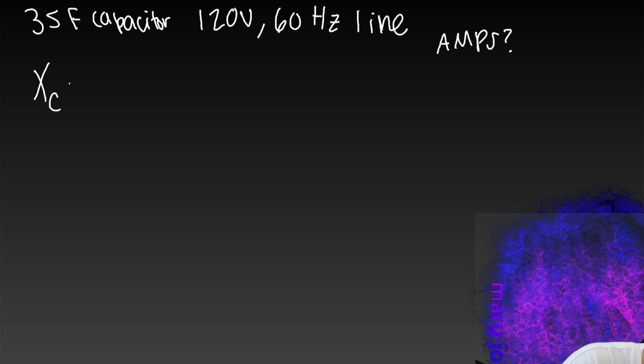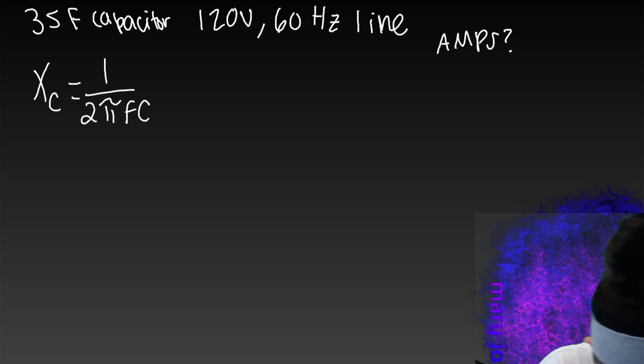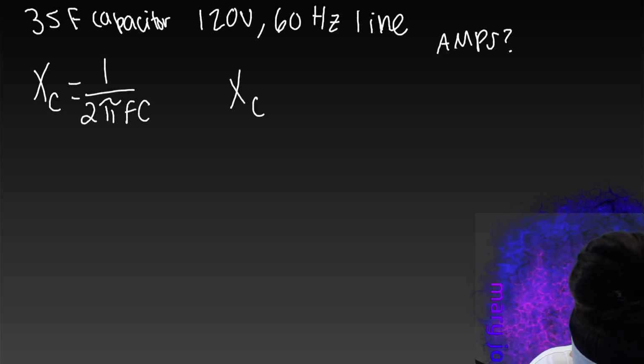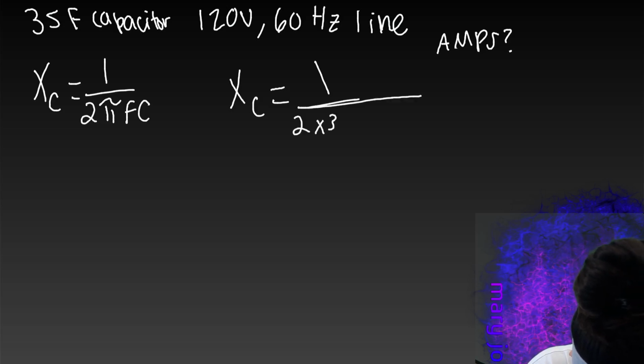It is XC equals 1 over 2 pi FC. So we know we're going to do capacitive reactance equals 1 over 2 times 3.14 times, what is the frequency of this? It's going to be 60 hertz. So times 60.